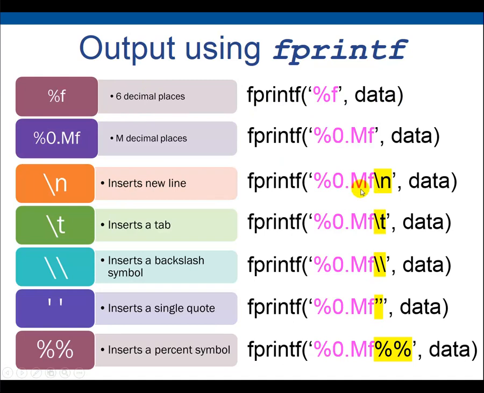It's the same thing, but here backslash and n means show the number with m decimal places and change the line. The tab inserts a tab after you show the data. That's the simple method, and I want you to remember these 4 things. You should be familiar with them to use this concept in programming.